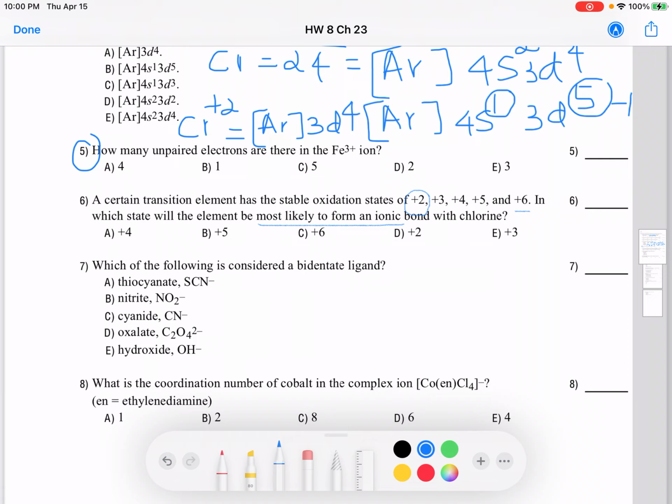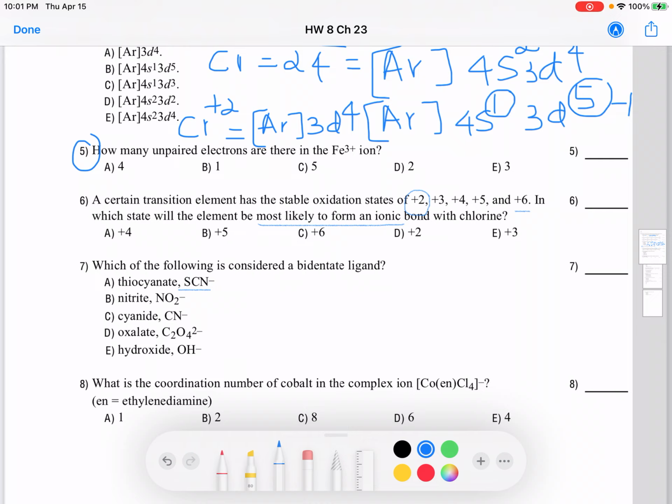Bidentate means there are 2 places in the same ligand that can coordinate with the central atom. So thiocyanate does have 2 atoms, but it's not going to be bidentate. It's monodentate. One atom can join at a time, either S or N. NO2 minus, nitrite, is also not bidentate.